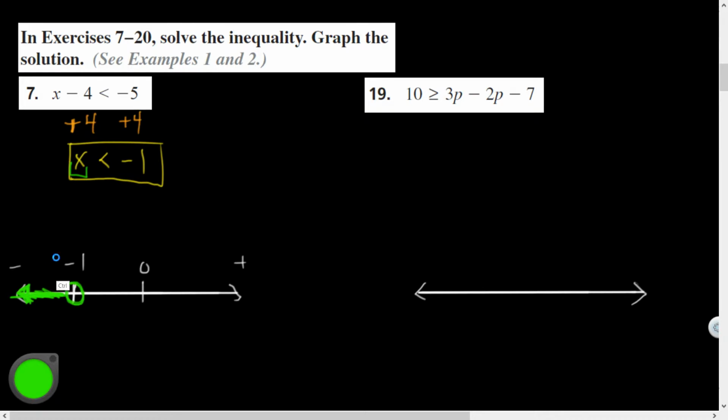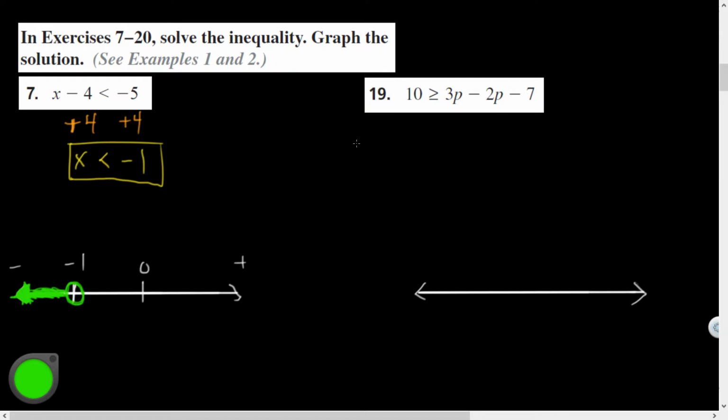How great is that? It's a cute little arrow. So my solutions are everything less than negative 1, not including negative 1. So like negative 2 works, negative 1.5 works, negative 1.1 works, negative 1.0000001 works, but negative 1, no go.